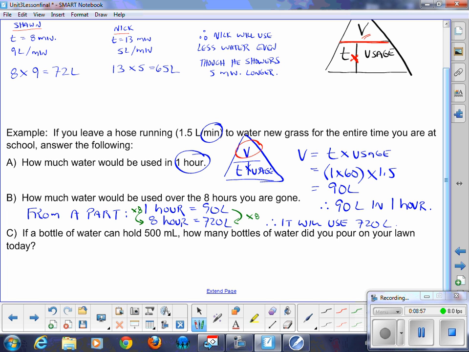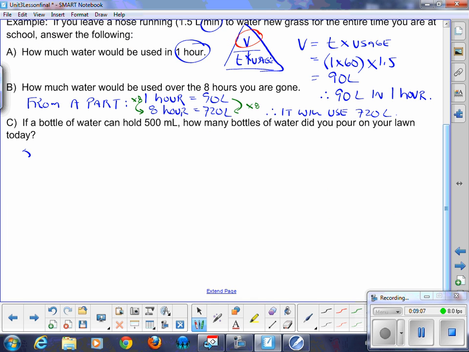720 liters. So if a bottle of water can hold 500 milliliters, how many bottles of water did you put on your lawn? So think of it in terms of bottles of water. Now 500 milliliters, for those that aren't sure, that's equal to half a liter. So we're going to take the total amount of water, so 720 liters, and we're going to divide it by 1 bottle.